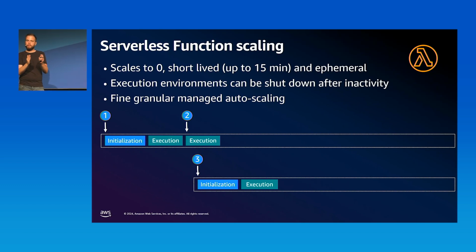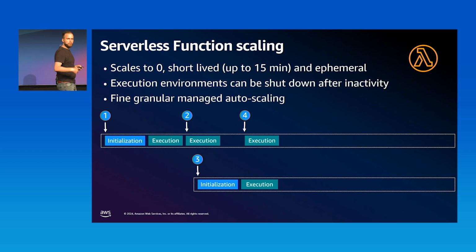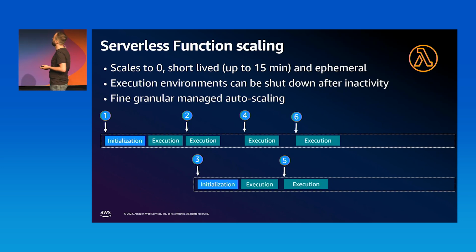So therefore, if you have a lot of concurrent requests at the same time, you might experience multiple cold starts at that time. However, afterwards, they are warm, so they stay warm for a couple of seconds or minutes. There's no official timings that we publish there, but usually they stay warm, so you can just keep using them. So cold starts usually only amount to a very short period of your whole application lifecycle.